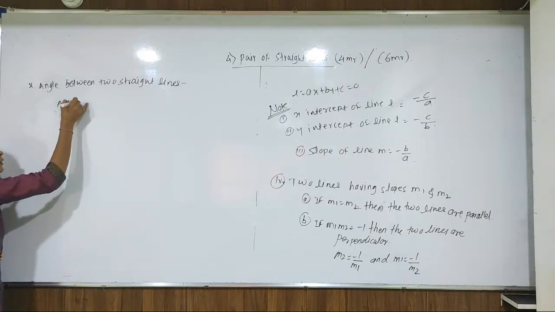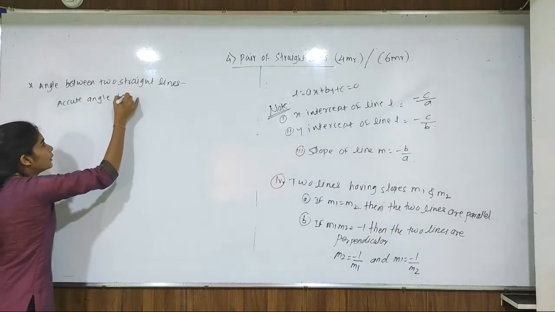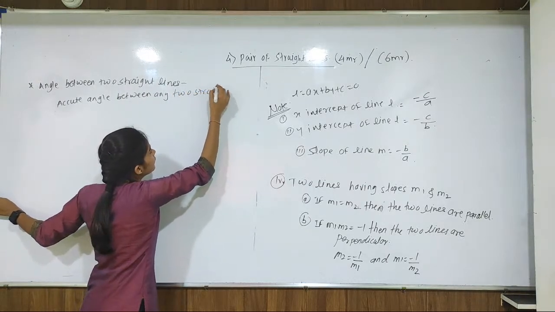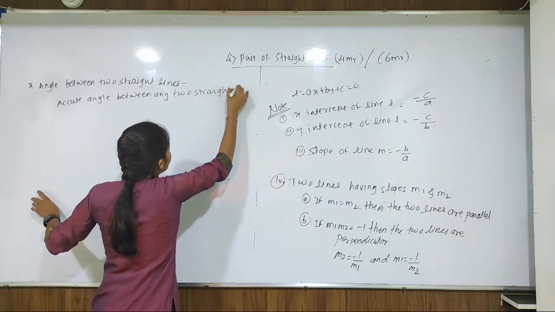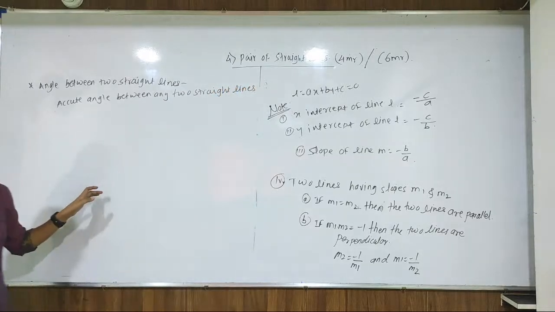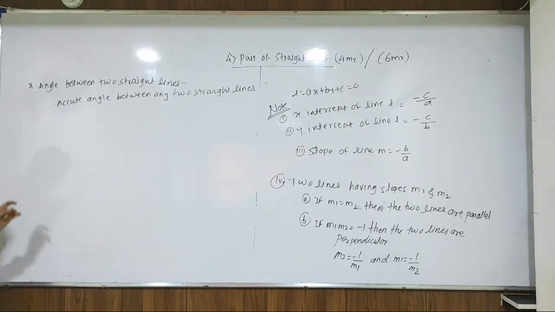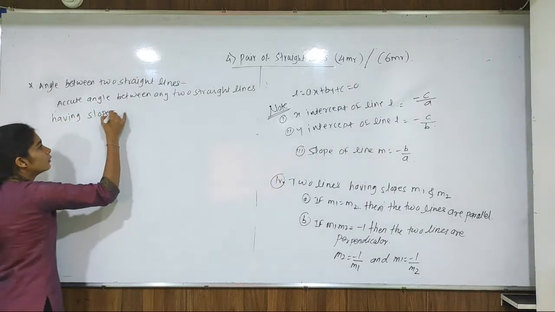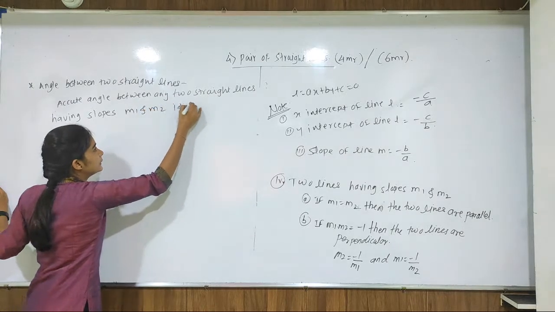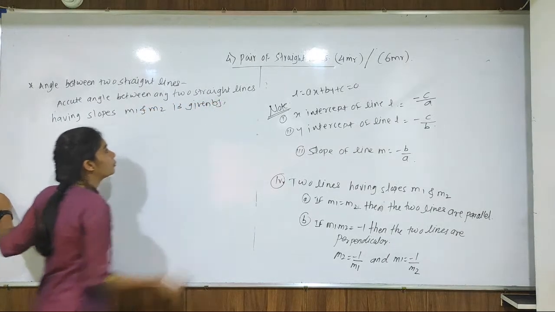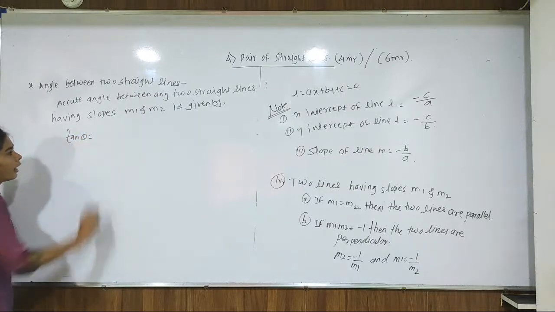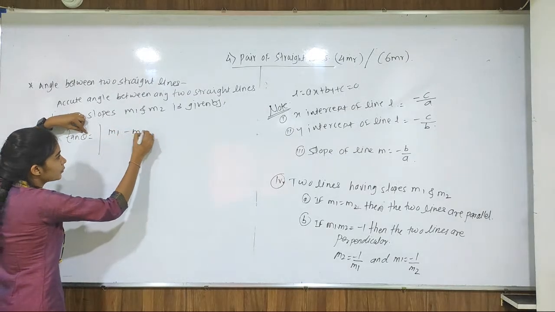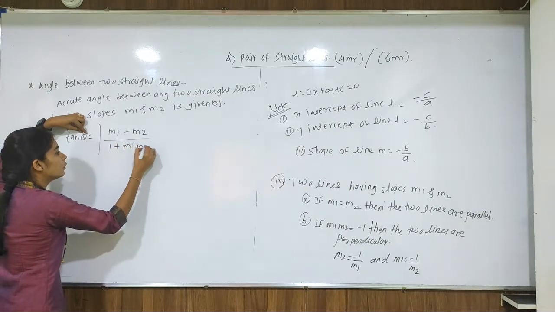So the acute angle between two lines having slopes m1 and m2 is given by the formula tan theta is equal to the mod of m1 minus m2 upon 1 plus m1 into m2.